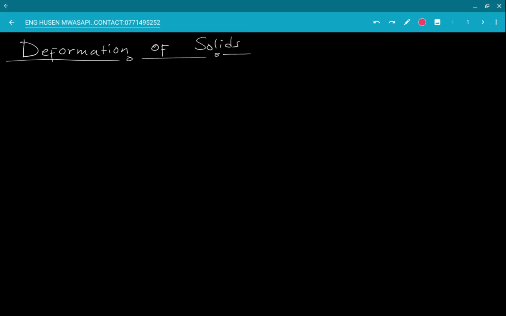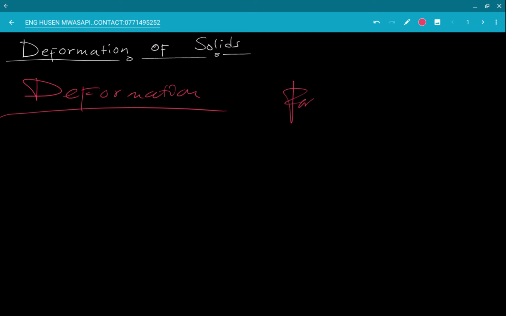Anyway, let's first understand what is meant by the term deformation. When we talk about the term solid, I bet everybody understands what it means. So the term deformation describes, in short, forces acting on a solid object to the point that the spacing of the atoms within the particular solid is changed or affected to a small extent.